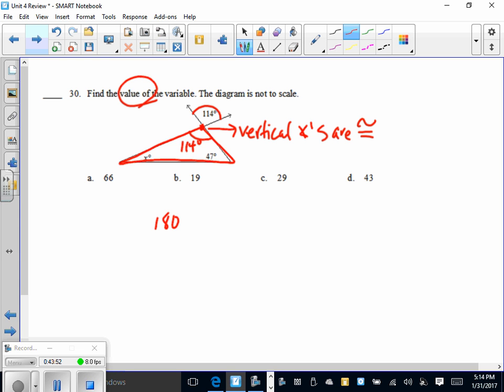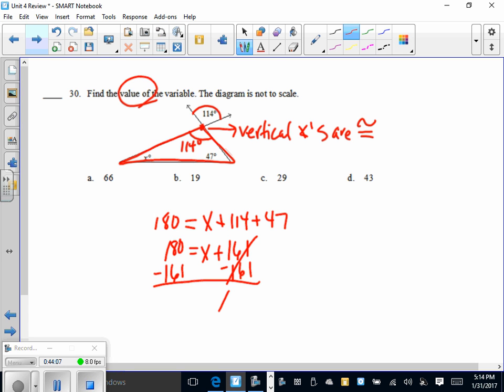So 180 is equal to x plus 114 plus 47. 114 plus 47 is 161. If I solve for x, we subtract 161 from both sides, so x is equal to 180 minus 161, which is 19 degrees. Answer choice B.